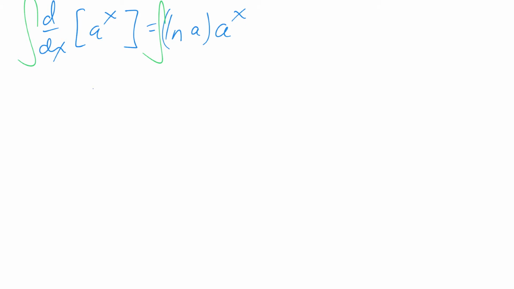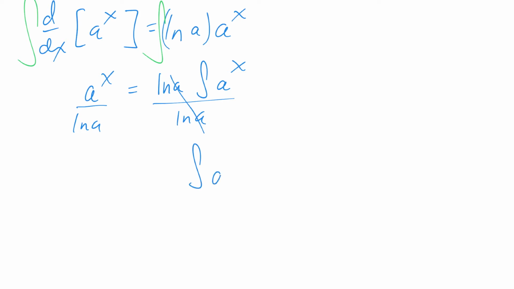So on the left side we have a to the x equals the antiderivative of the natural log of a times a to the x, which can be rewritten as ln a times the antiderivative of a to the x, because the natural log of a is just a constant. And when I move the natural log to the other side by using division, what we wind up with is the antiderivative of a to the x dx equals 1 over the natural log of a times a to the x.